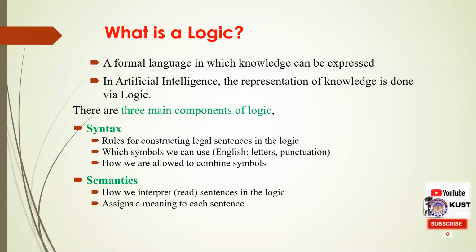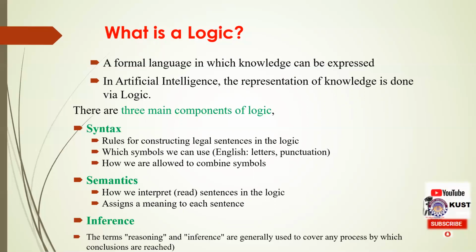Semantics. Semantics is the meaning of a logic, how we interpret or read a sentence in the logic. Semantics actually assign a meaning to each sentence. And inference or reasoning are the two terms that are used.